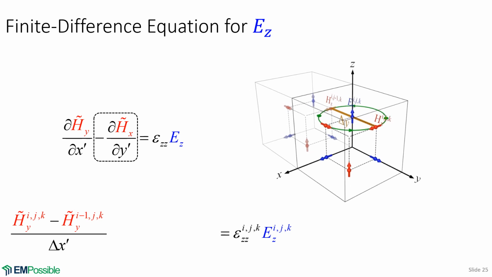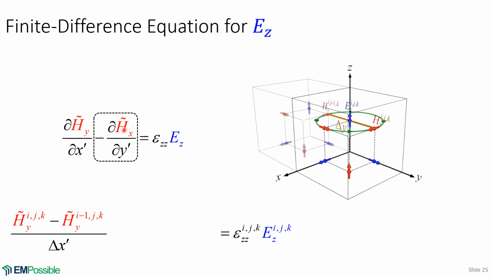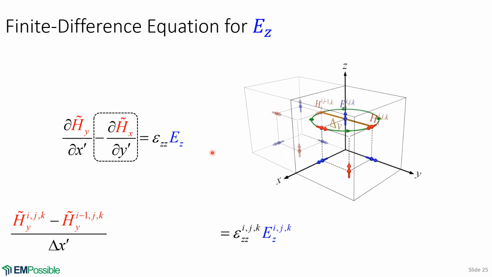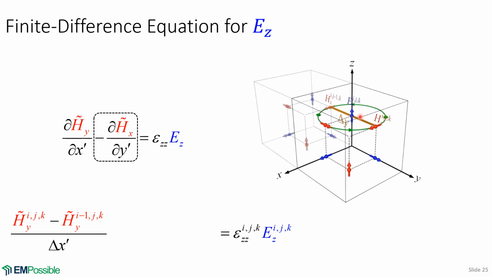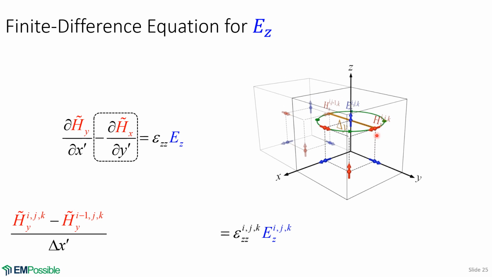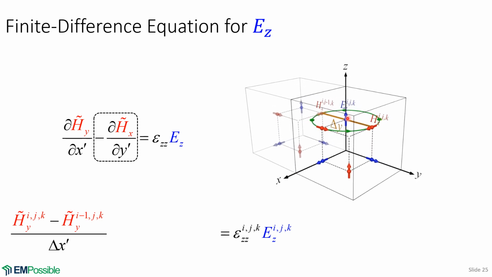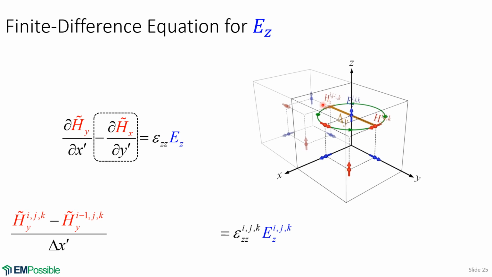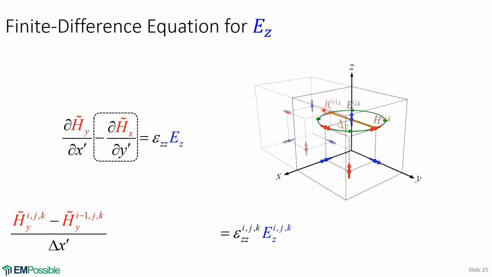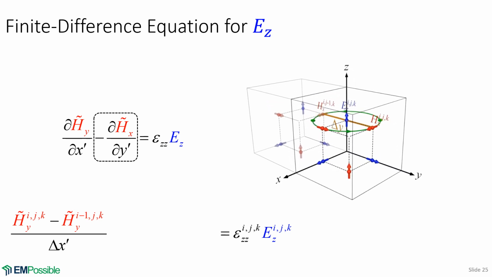And our last partial derivative, Hx with respect to y. So here's our Hx, and we want the derivative in the y direction. If we're using a central finite difference that will exist where this Ez exists, we need to reach to the other side, in which case that's Hx from the previous cell in the y direction.